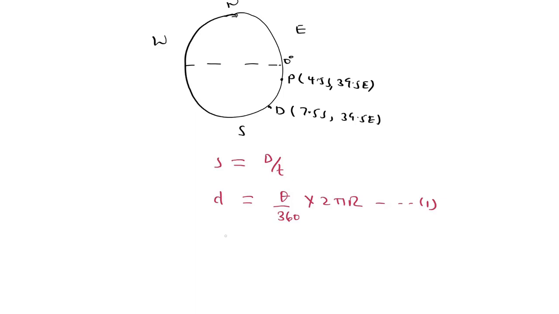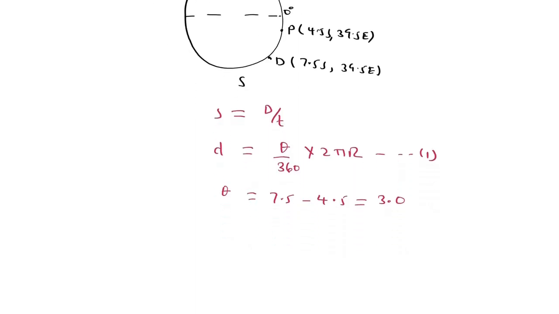Okay, so let us now find the value of theta. We are going to take 7.5 minus 4.5, of which after solving the values, we are getting 3.0. Okay, so now let us substitute the values which we have.